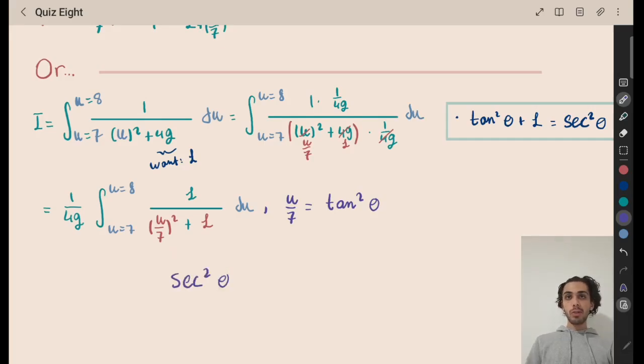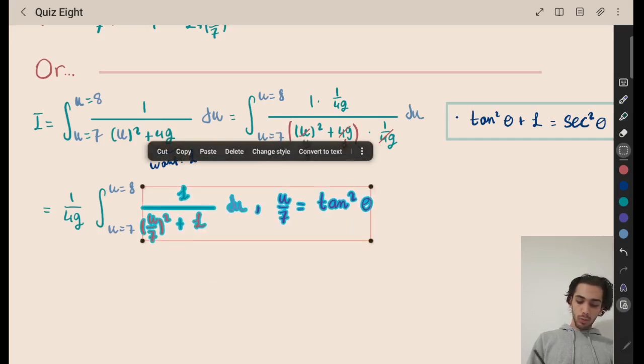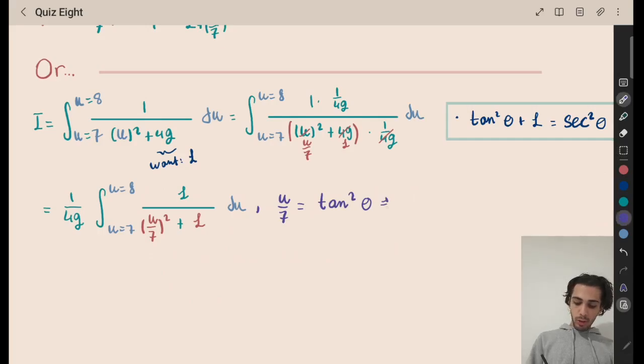And maybe everything works to my favor. Let's see. So this might actually work to my favor. Let me go on. If I want to make another substitution like this one, then I would like to find an expression for a du in order to replace it. So I differentiate both sides. This u/7 I can write as 1/7 times u.